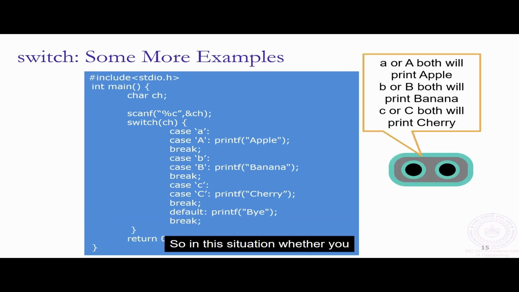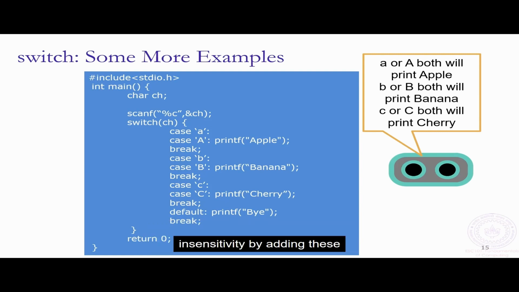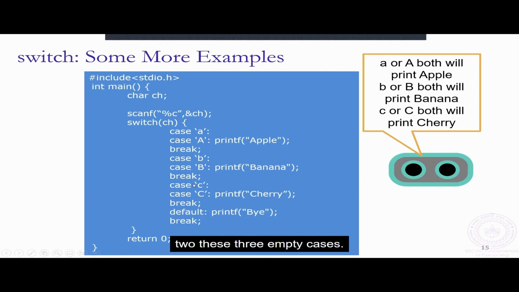So in this situation, whether you use small a or capital A, they'll both print apple. And small b or capital B will both print banana. So you have now achieved case insensitivity by adding these three empty cases in the switch statement.